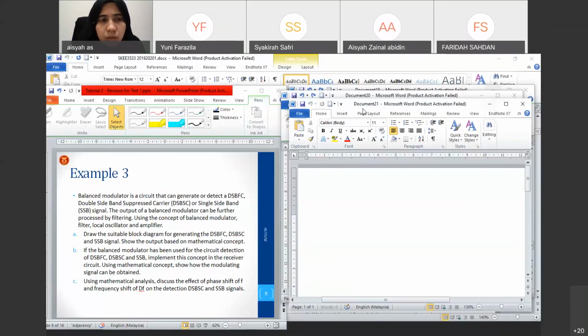So the function of a balanced modulator is like a mixer. That means it mixes the message signal with the carrier signal.